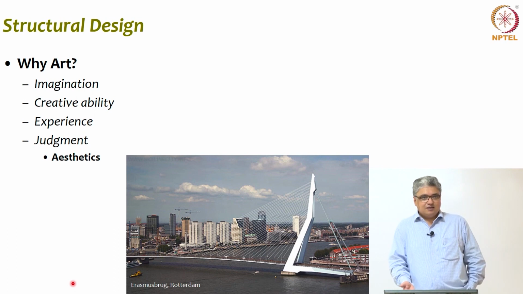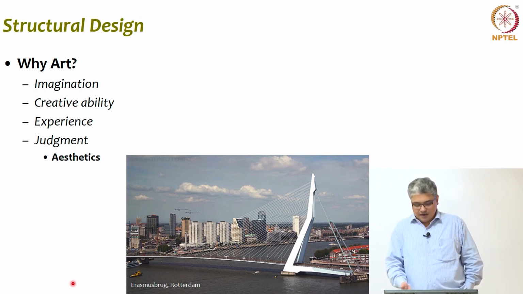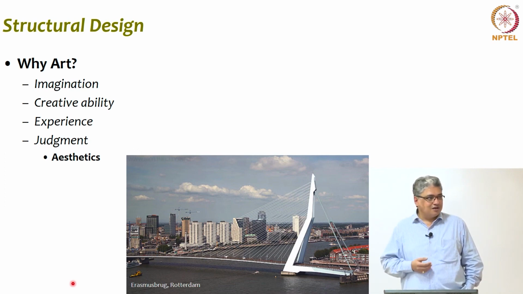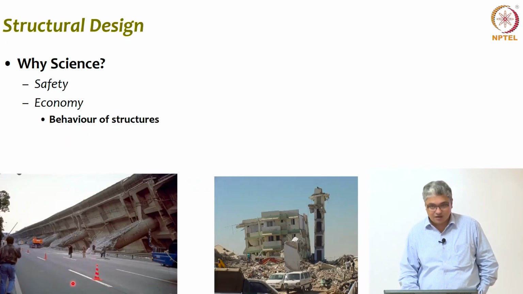So, you can see, we had to build a bridge over this river, and looking at the skyline of the city, they decided to build a bridge which looks like a beautiful swan springing up from the river, right? It serves the purpose, but they add creativity to it. And that is what is possible in structural engineering.